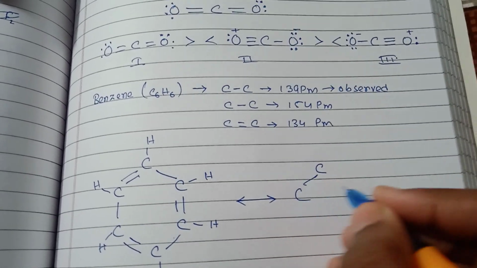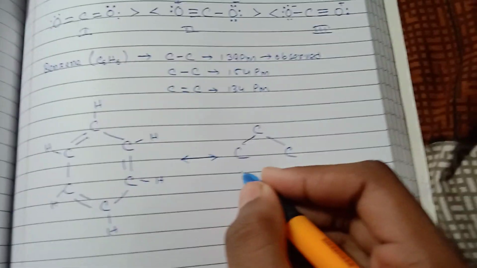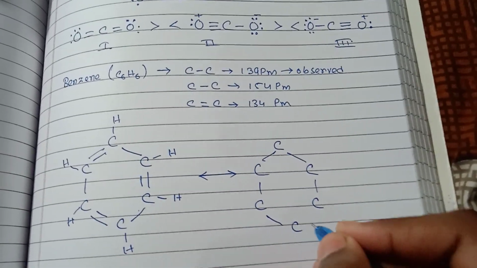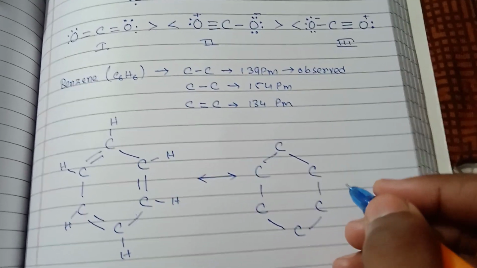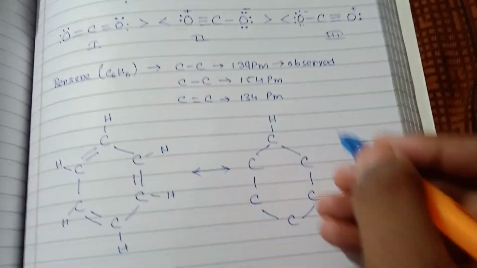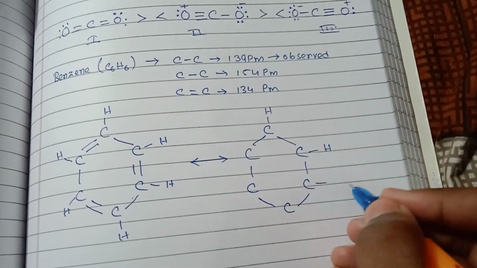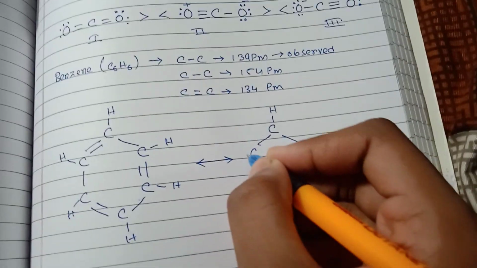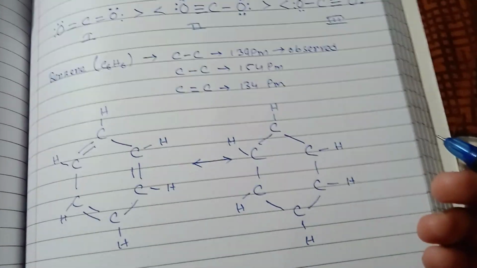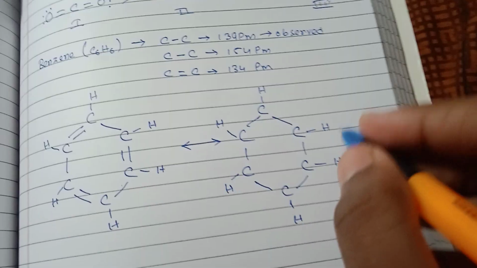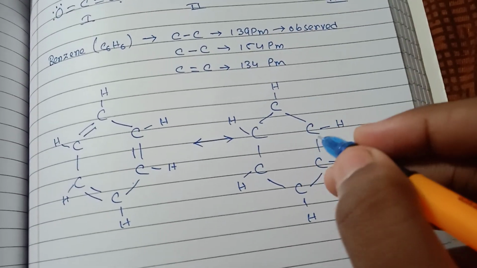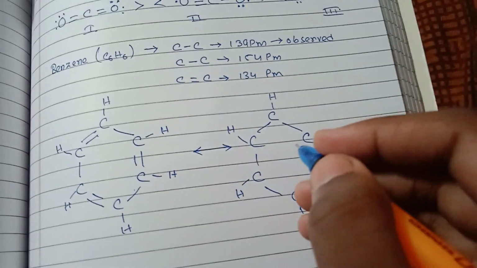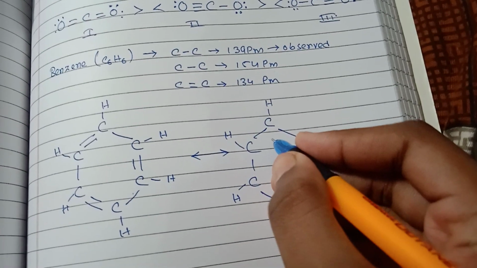Six carbons again, and add all the hydrogens again. Now at the last stage of the resonating structure, the alternate double bonds will not appear here and they will vanish, with the electrons delocalized.